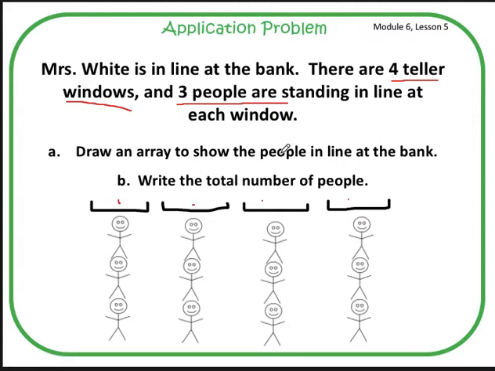Well, I know people don't stand in line next to each other. People stand in line behind one another. So I'm going to draw little stick figures behind each other. So we've got one in front, one in the middle, one behind, and I'm going to do that for each window.